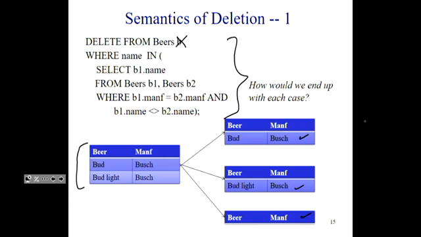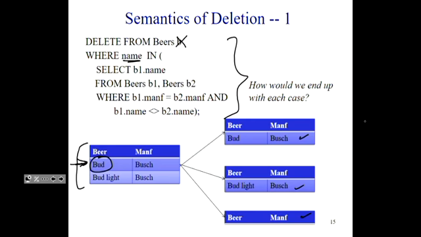Correct. Right. So let's say I am working on this relation in two different ways. If I start with Bud, so that's the first tuple that I'm processing, and I want to check whether Bud is one of those beers such that the manufacturer, Busch, has multiple beers that are manufactured by that manufacturer, right? So if I operate on this tuple first, I will certainly find that... hang on.